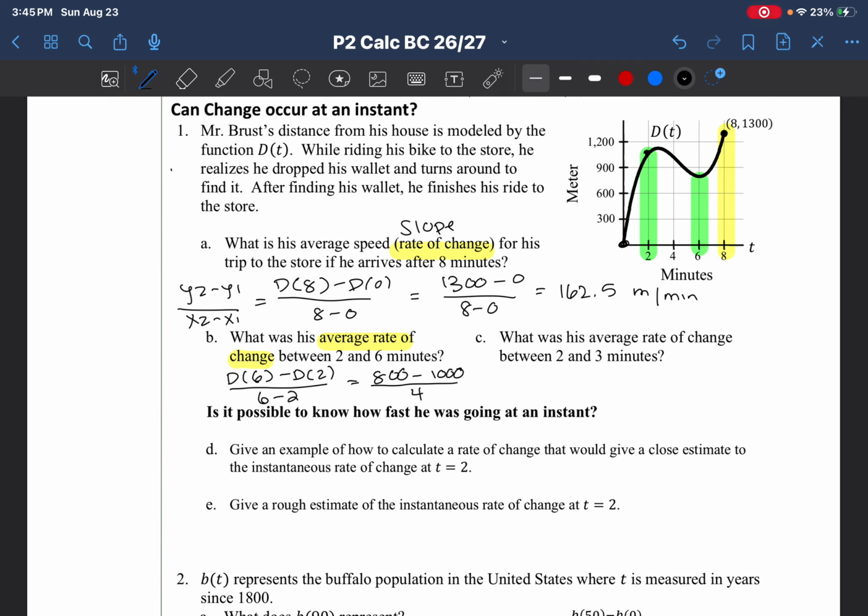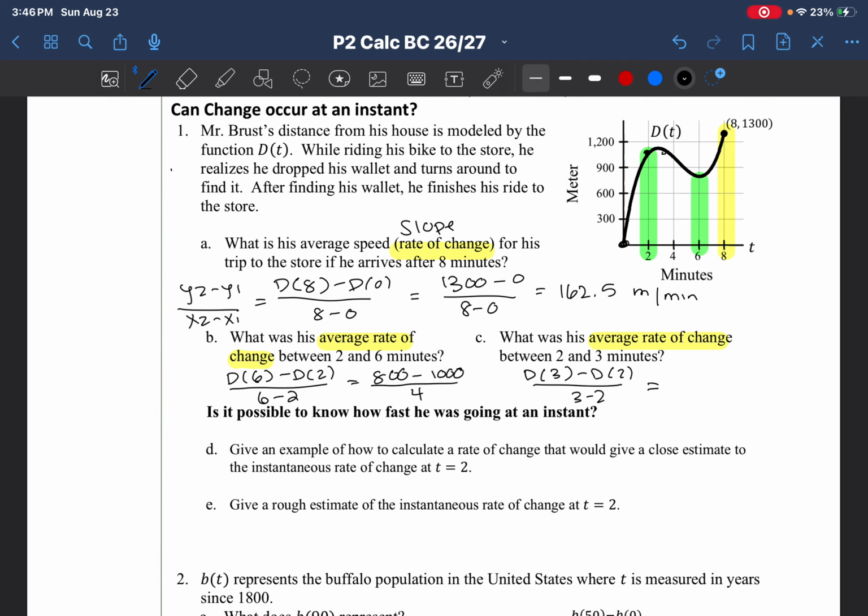And of course, you can continue simplifying that and putting that in your calculator, but it just wants us to set it up. Okay, so part C says, what was his average rate of change between 2 and 3 minutes? Okay, so average rate of change, again, is slope. So between 2 and 3 minutes, this is d of 3 minus d of 2 over 3 minus 2.